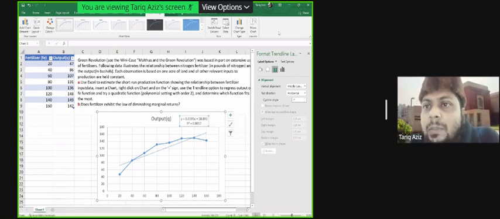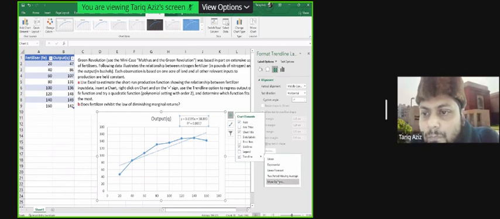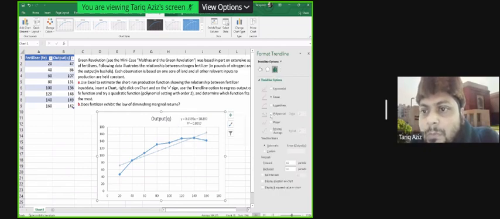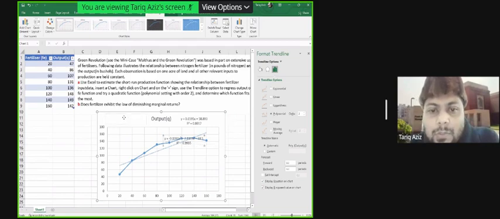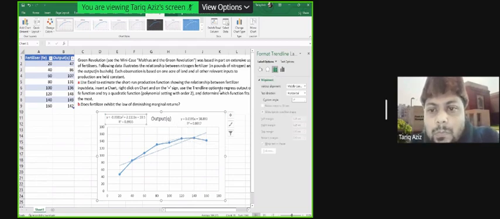And let us run a polynomial regression also. More options, come to this option, that is polynomial, and an order of 2 has been selected. Display the equation and display the R square also. Now you might observe here that the R square of the polynomial regression is coming out to be 0.9935.